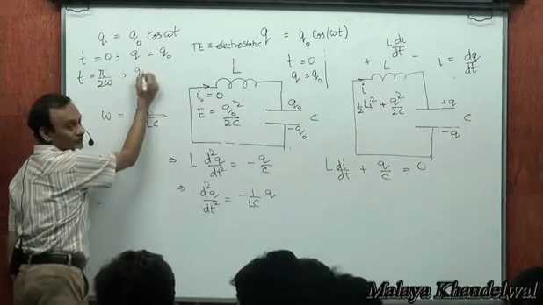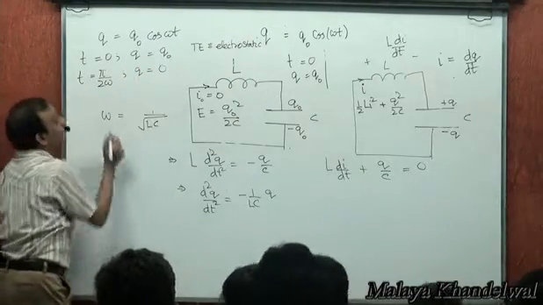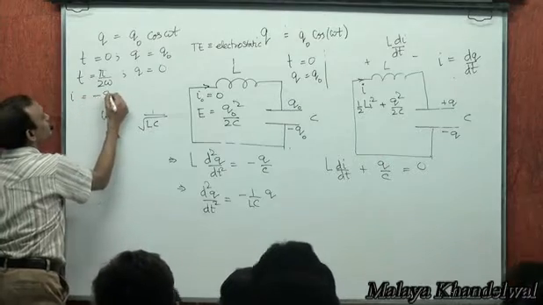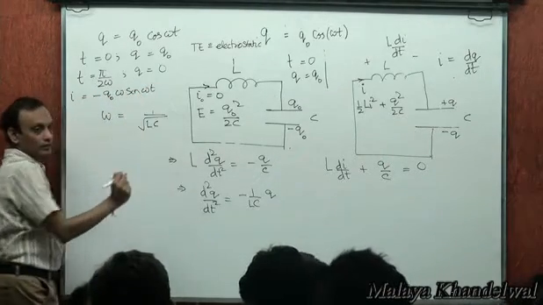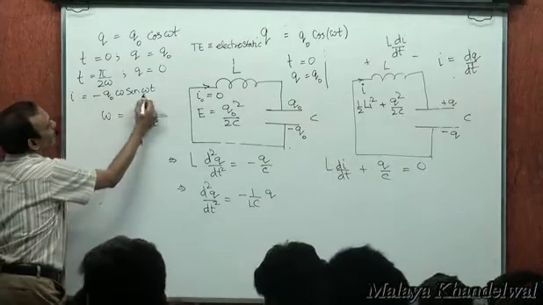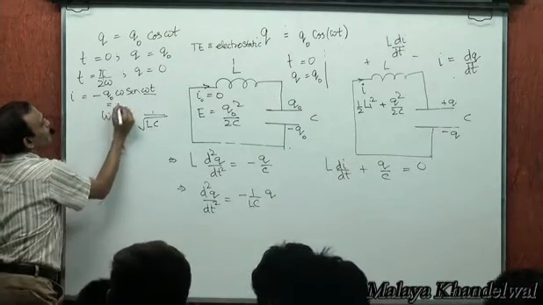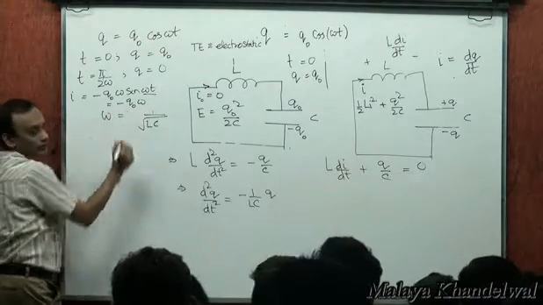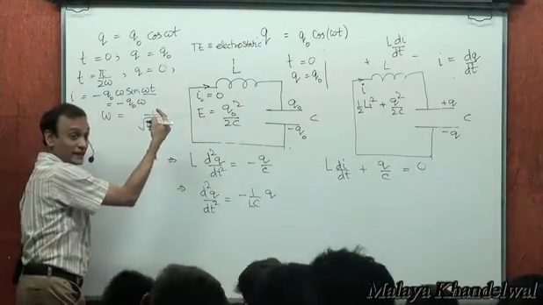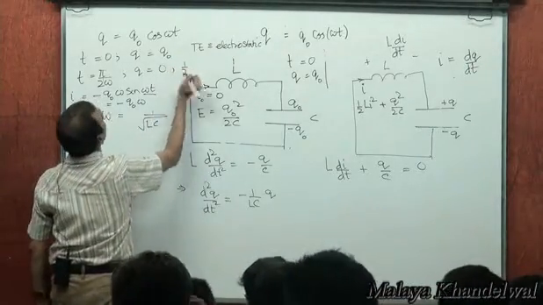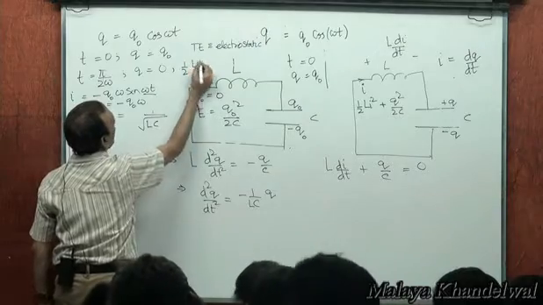q will become 0, isn't it? And what is i? I would be minus q naught omega sin omega t. So when omega t is pi by 2, this will become minus q naught omega. So q is 0, electrostatic energy is 0, and the total energy in the magnetic field will be half L i squared.